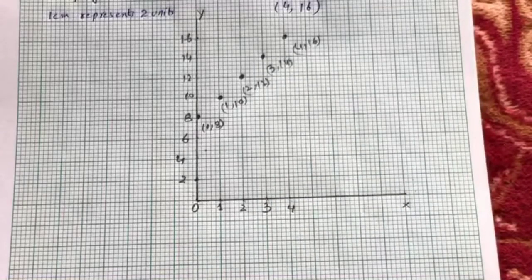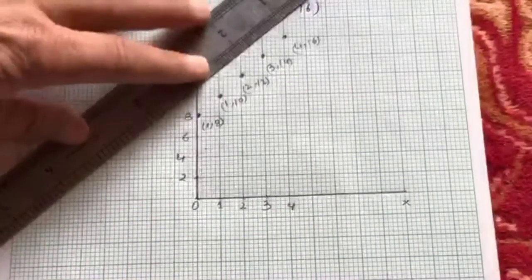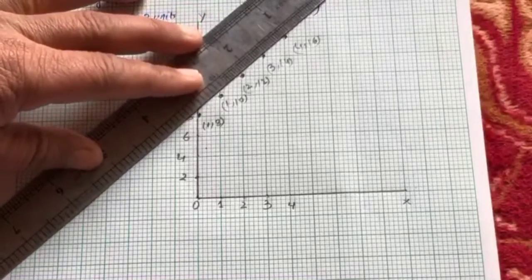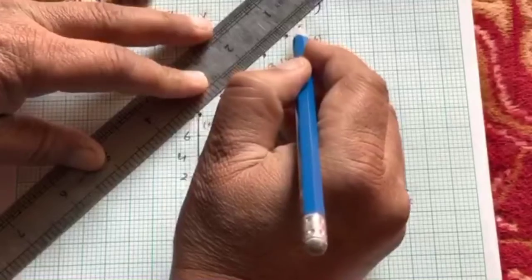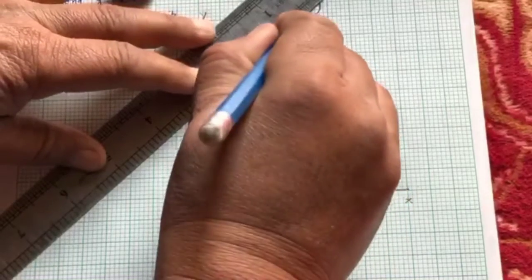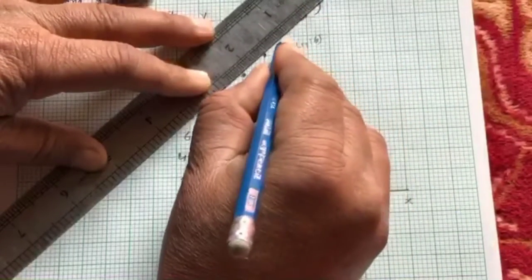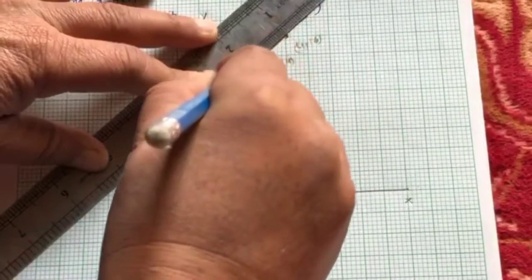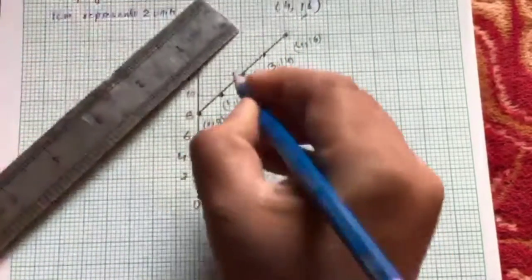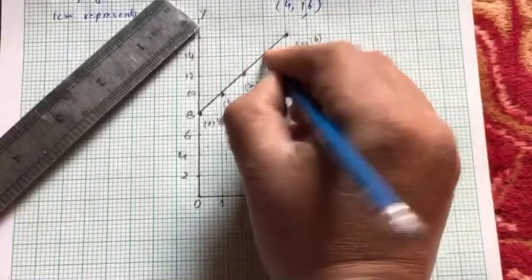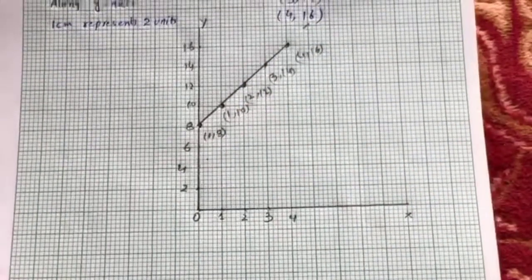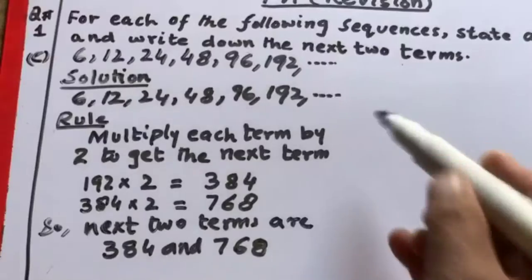Now we will draw a line along these points. So here is the graph of the question.